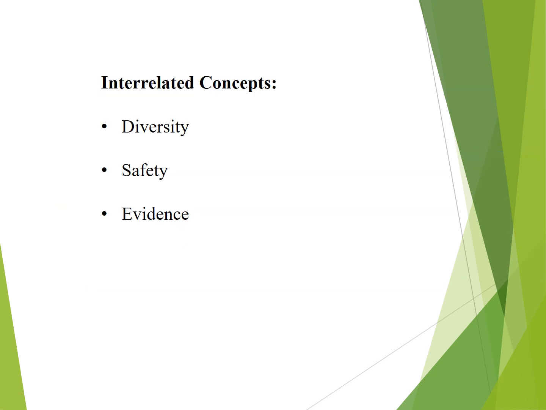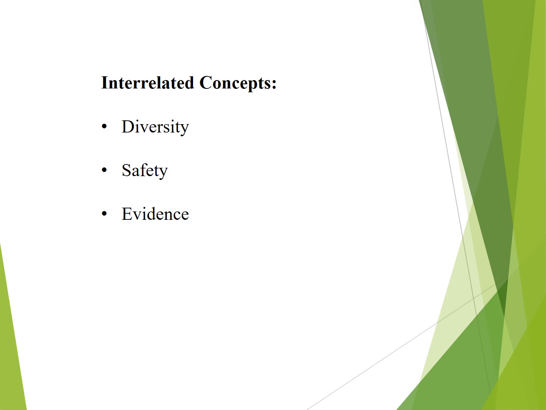So, interrelated concepts. Of course, safety is number one. We have to know how safety impacts the individual's development. We have to think about diversity and culture. And culture is not just different countries. It's maybe the neighborhood where the person lives. It could be the income class. It could be a church sect, something like that.